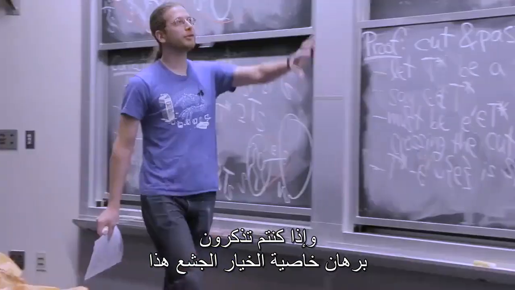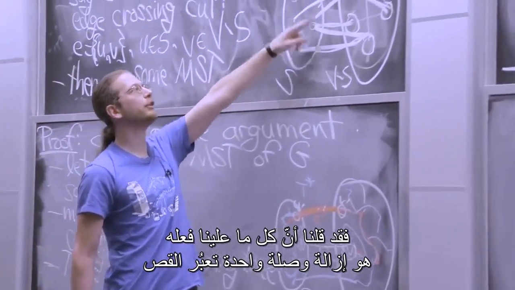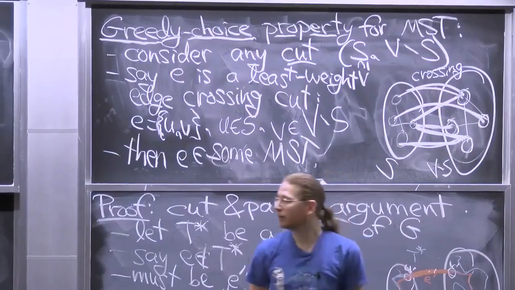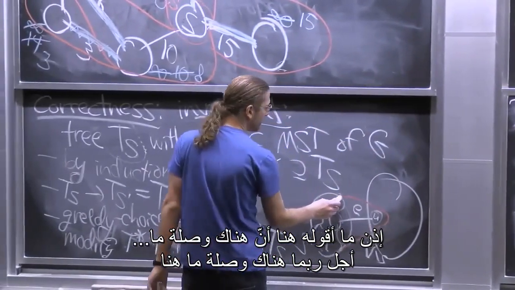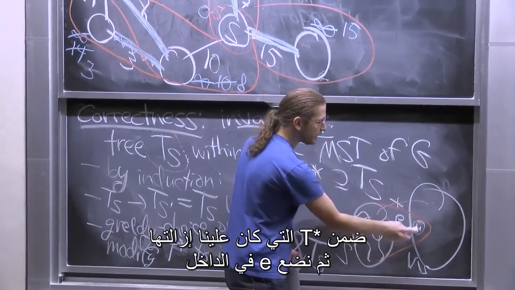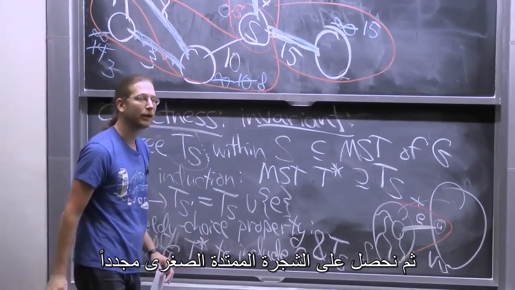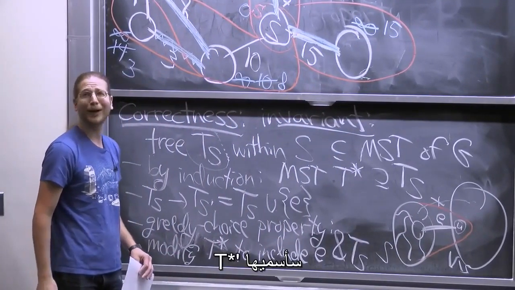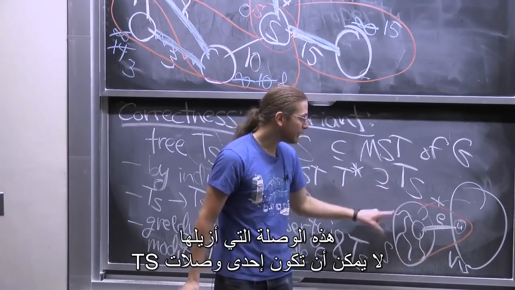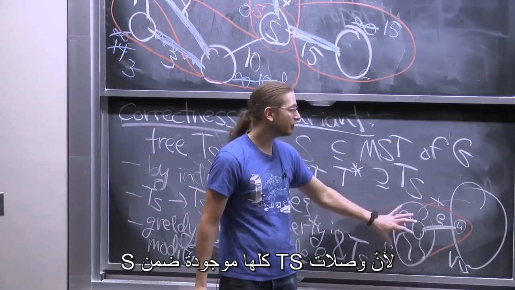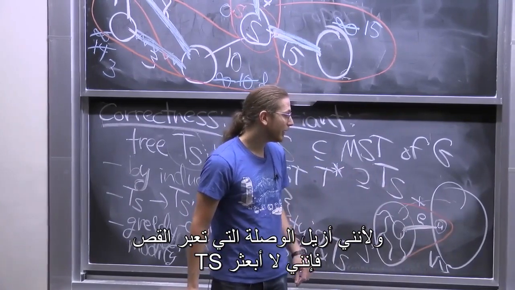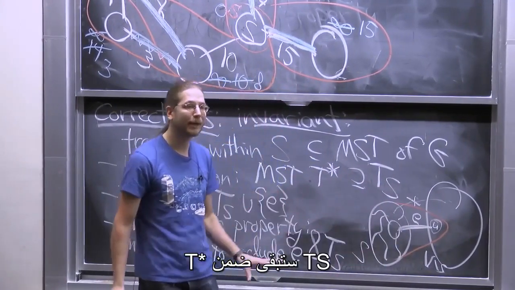And if you remember the proof of this greedy choice property, we said, well, all we need to do is remove one edge that crosses the cut and replace it with E. So here what I'm saying is maybe there's some edge over here in T star that we had to remove, and then we put E in. And then we get a minimum spanning tree again, T star prime. OK? This edge that I remove cannot be one of the T sub S edges because the T sub S edges are all inside S. So because I'm only removing an edge that crosses the cut, I'm not disturbing T sub S. T sub S will remain inside T star.